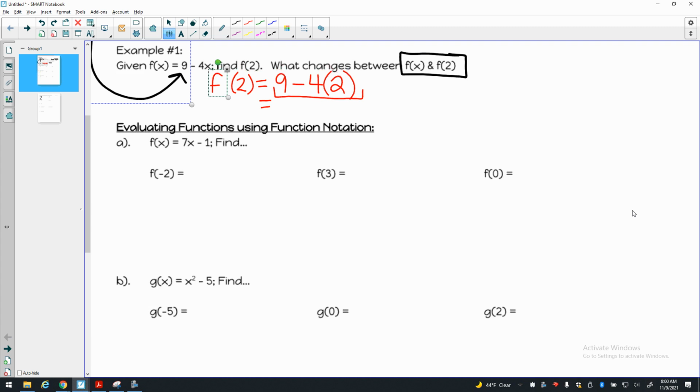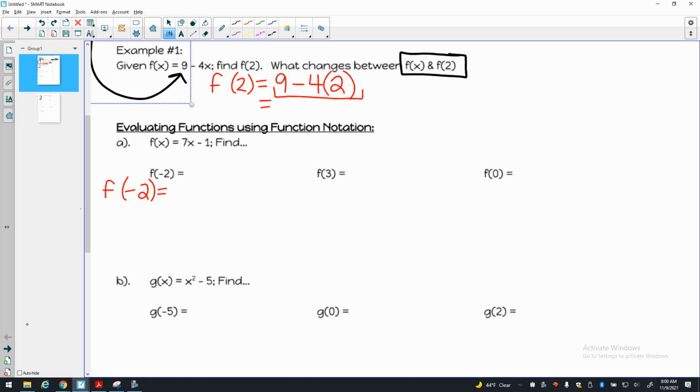All right. Now, I want to find f of negative 2, right? So I'm going to start off by writing f of negative 2 equals. You should always start off every problem. Now, either way, I don't care. You want me to plug in? Yeah?